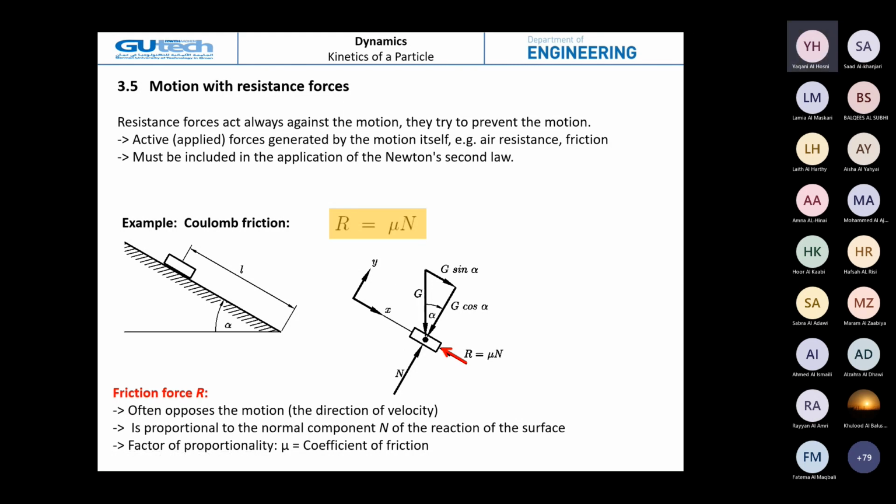But we must be clever in choosing the coordinate system, because we are always free to do this. It's best to use the coordinate system along the direction of the motion. This will simplify the equations and so on.